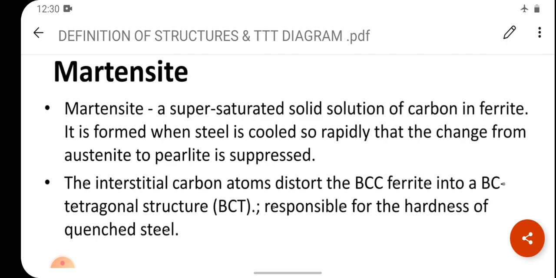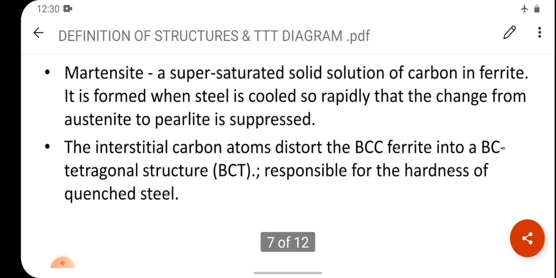The interstitial carbon atoms distort the BCC ferrite into a body-centered tetragonal structure. In short, it is written as BCT, responsible for the hardness of quenched steel. Quenched मतलब हम डायरेक्टली उसको कूल कर देंगे. So it will be converted into martensite structure.